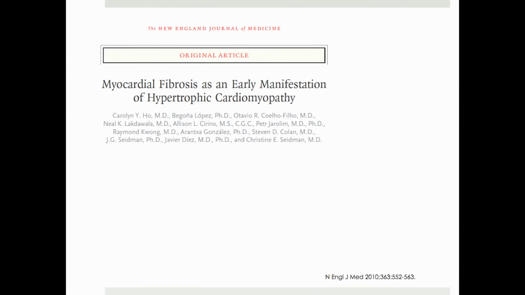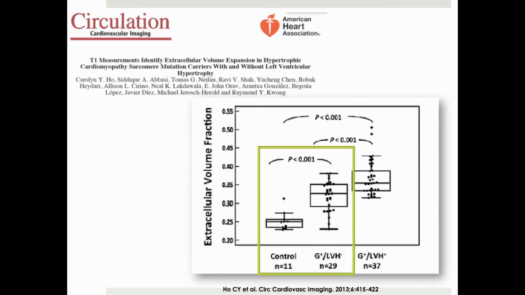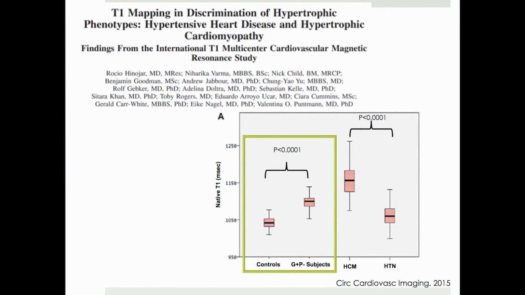Myocardial fibrosis is an early manifestation in development of hypertrophic cardiomyopathy and detectable in gene mutation carriers with sub-expressed hypertrophic phenotypes by evidence of increased serological markers of collagen metabolism as well as T1 mapping indices, including extracellular volume fraction and native T1.